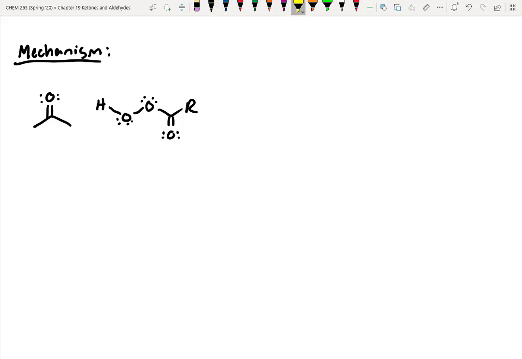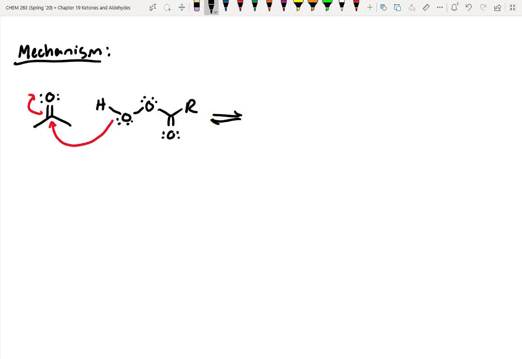And what happens is this oxygen coming off the end here will attack into the CO double bond on our ketone or aldehyde, and then kick electrons up to that oxygen. So now let's take a look at what this next intermediate will look like. And I do want to emphasize that this is under equilibrium conditions at this point.